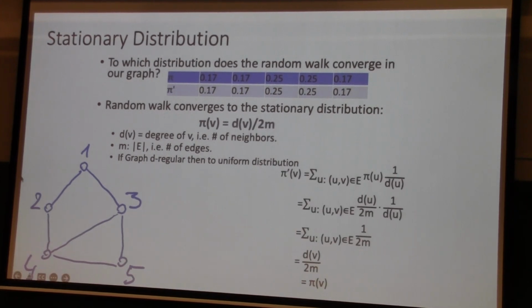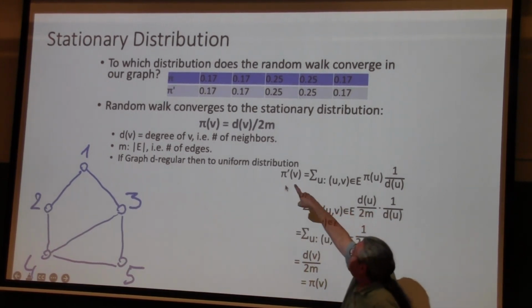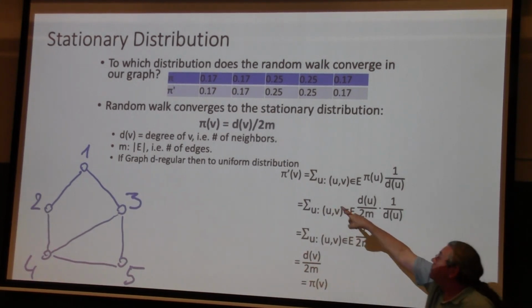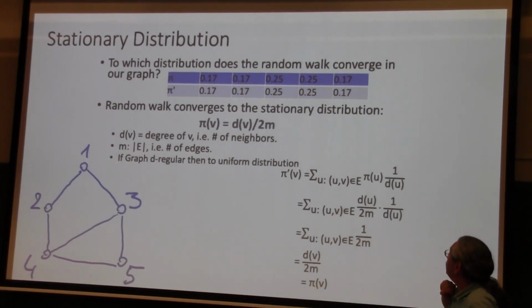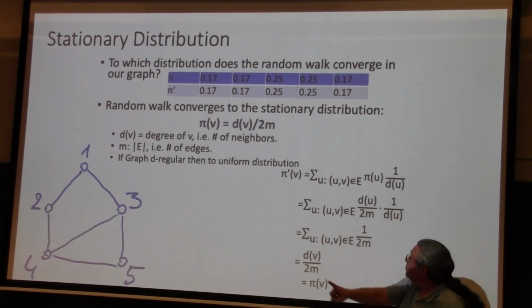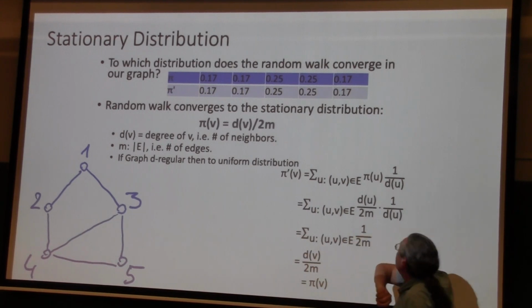It's actually very easy to prove. We can prove that this value is a fixed point. That means if you do one more iteration on this value, you get the same value. So we start with pi, and we do one iteration giving pi prime.